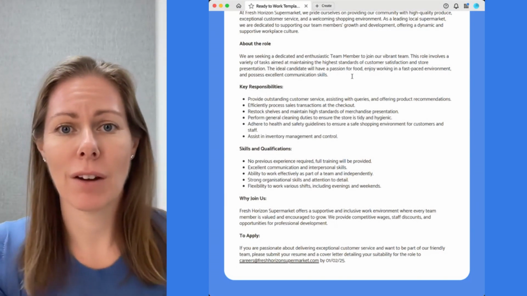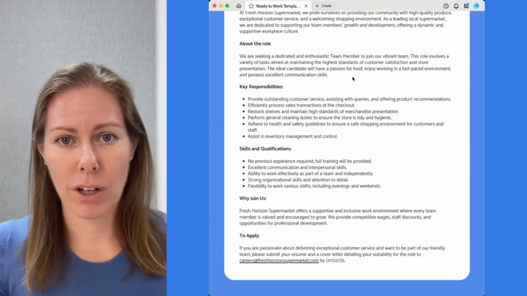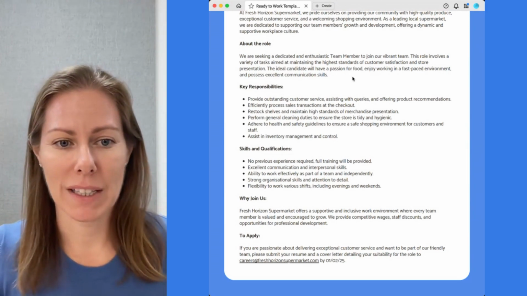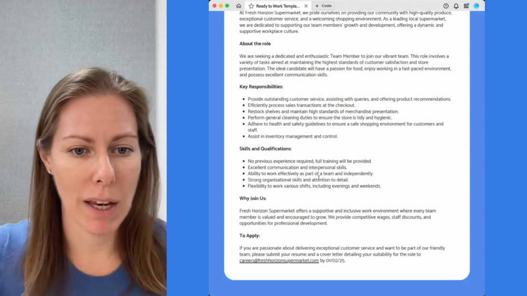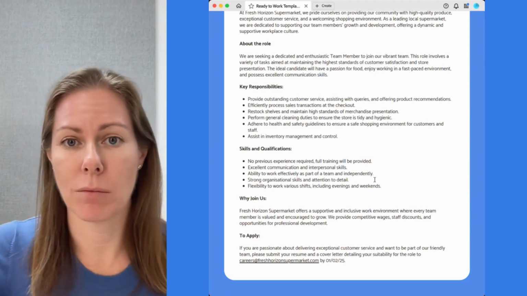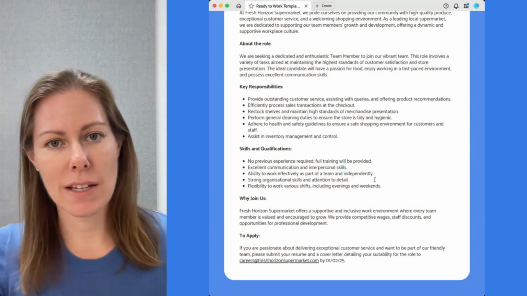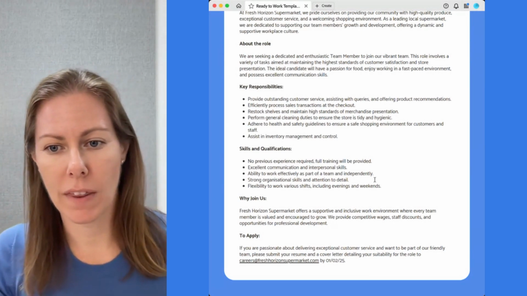And that's going to mean that every time you submit a resume, you probably need to open it up, reread it through and change any words to suit the job description so that you're meeting the same things. So they've talked about here working as part of a team and independently. They haven't used the word collaboration. So I would be wanting to talk about teamwork in my resume instead of collaboration, just so that I'm making it as easy as possible for any kind of screening platform to kind of join the dots and put the two together.